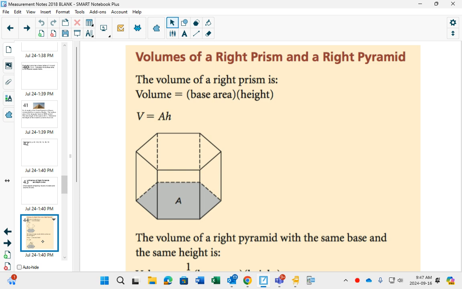The area of one page multiplied by the height adds up all of those areas, and that tells us how much space your textbook takes up. So the formula for any prism is the area of the base times its height.